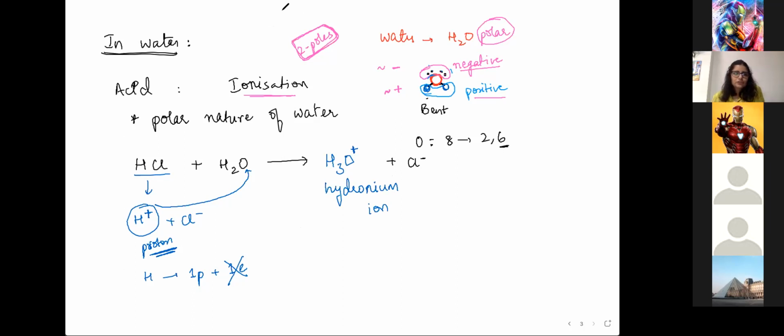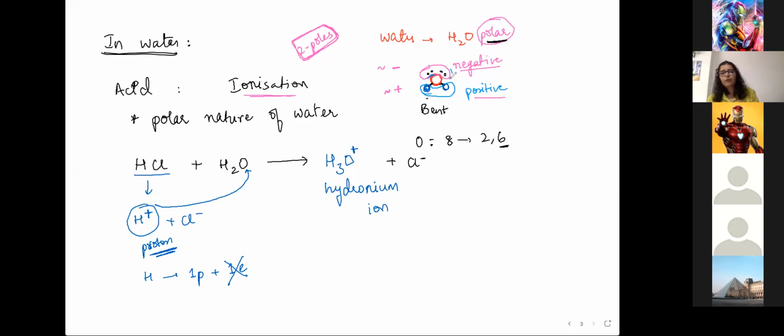Okay, so summarizing once again: why are we talking about water? We're discussing what happens when acids and bases are put in water. First, acids. Water molecules are polar in nature.